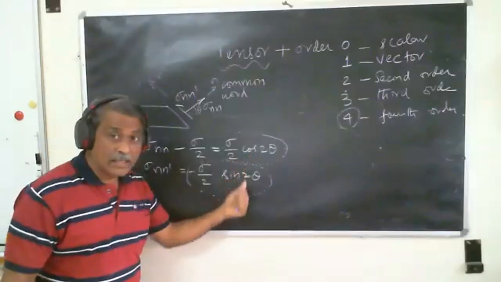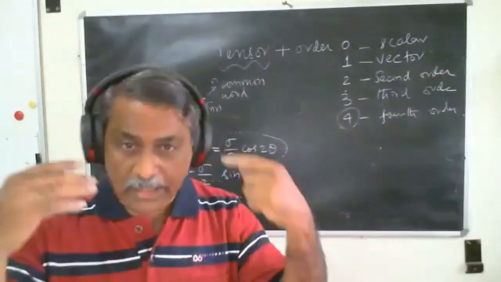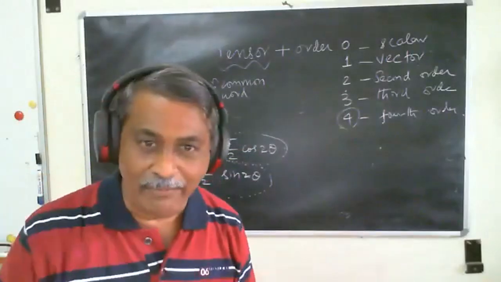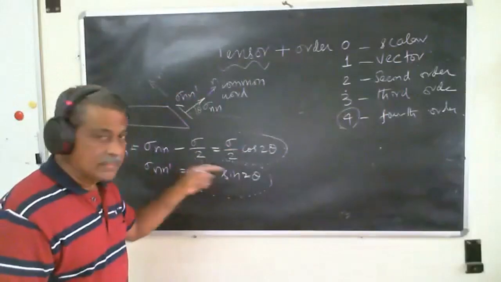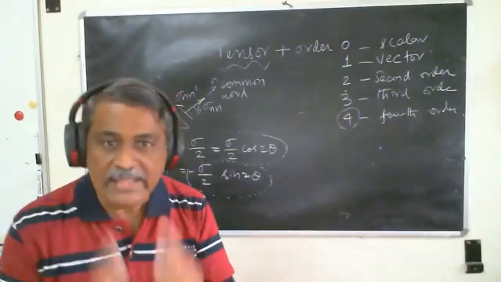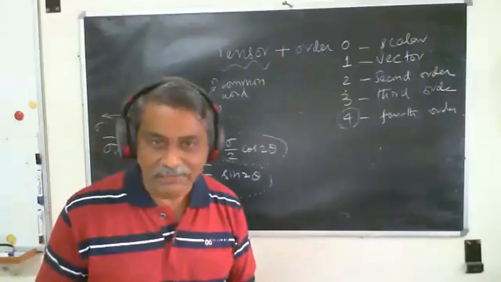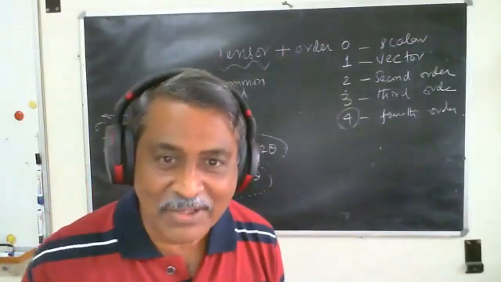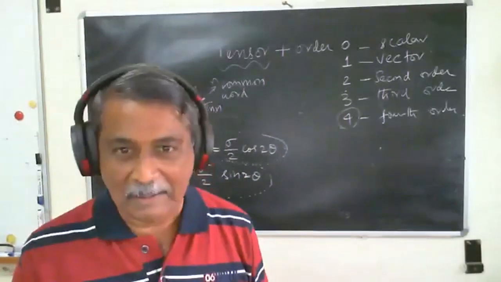But what do you understand by these two terms? When I draw these two in the same graph, what will I see? Shifted curves. What's the other name for shifted curves? It starts with PH.